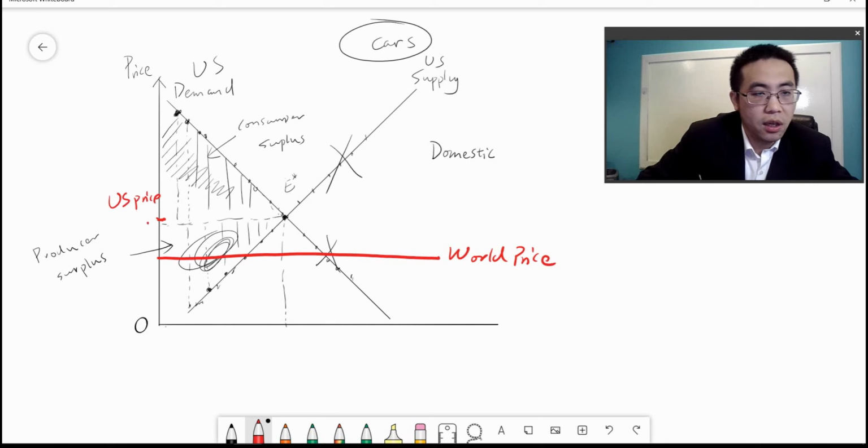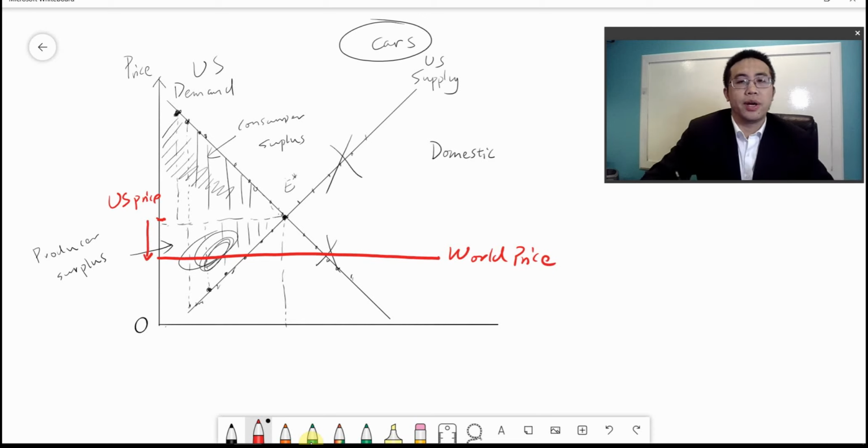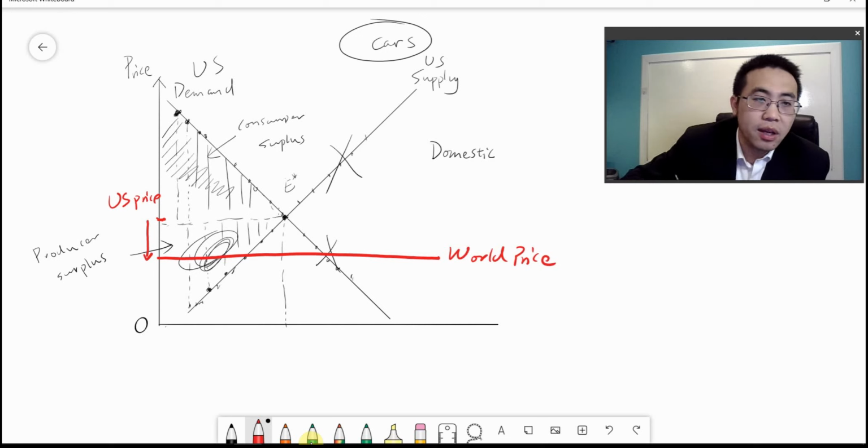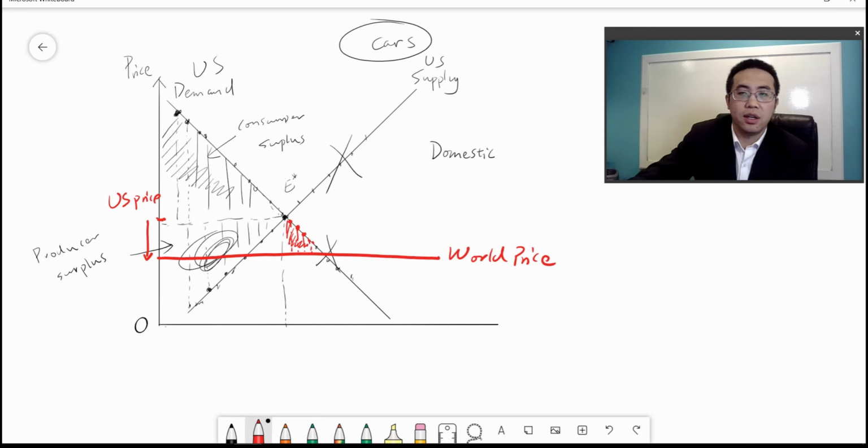You can see if the US is incorporating itself into the world, then the price would drop. And that's going to make the consumer happy because these consumers, they were out of the market before, but because the world price is lower, they can afford it, and now they have a certain consumer surplus added to the economy.